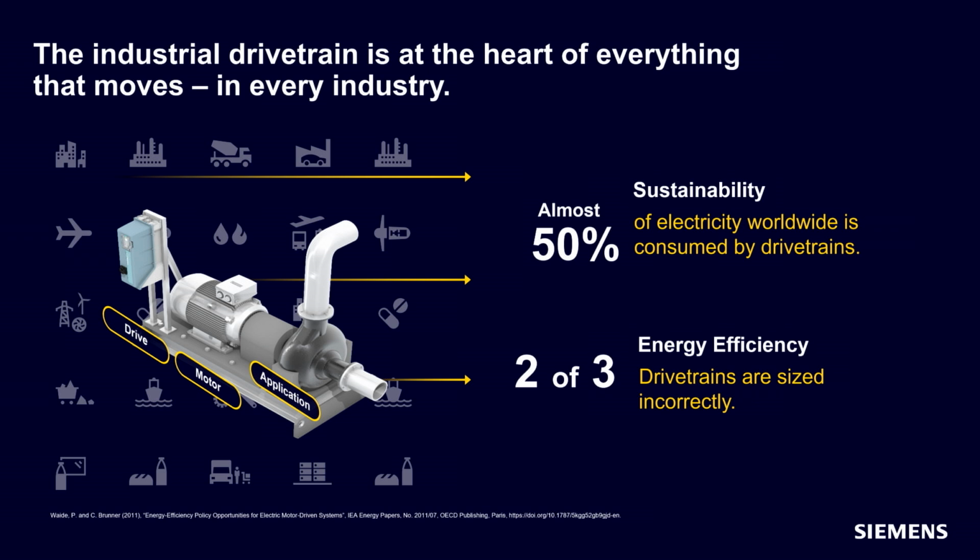So also a huge optimization potential, and we can deliver some benefits with our cloud and with our software connectivity for the drivetrains. And drivetrains consist of an electric motor, a frequency inverter, and a gearbox, for example, to drive applications like pumps and fans.